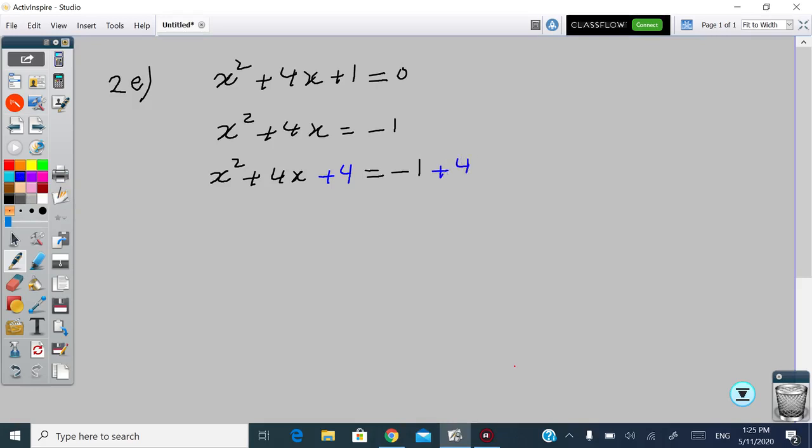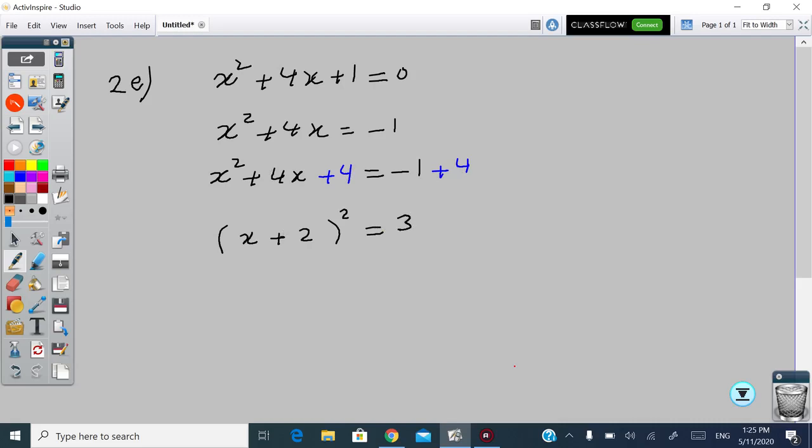Now, the left-hand side is a perfect square, meaning that it can be written as x plus 2 all squared. This is perfect square factorization. Root of the first, the sign of the second, and the root of the third. Equals -1 plus 4 is 3.